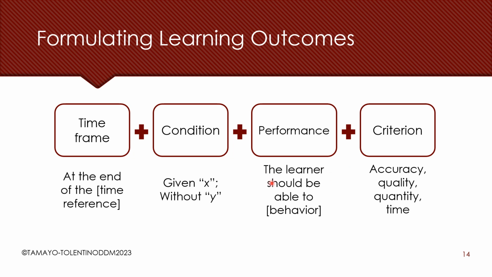The learner should be able to, and then start with an action verb to describe the behavior. Then the last element is the criterion, referring to the standards or the minimum acceptable level or degree of performance. It can be in terms of accuracy, quality, quantity, or time.